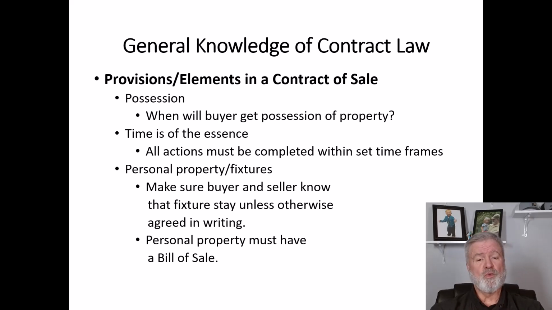Okay, you write personal property into the contract of sale, and the seller may have agreed to leave it, but you go to close and go to move in, and you find that they took whatever personal property you thought they were leaving, and you don't have a bill of sale for it.